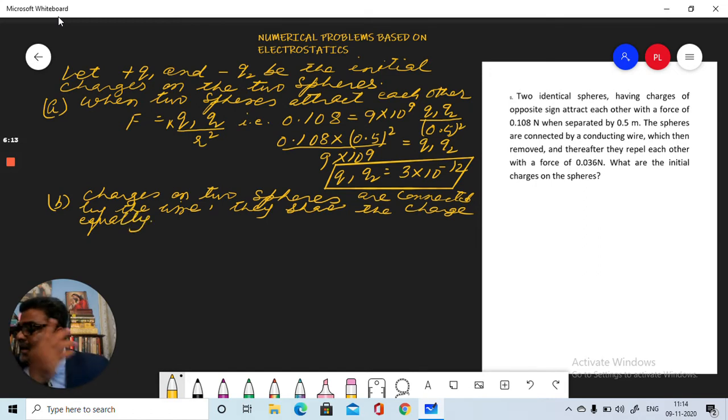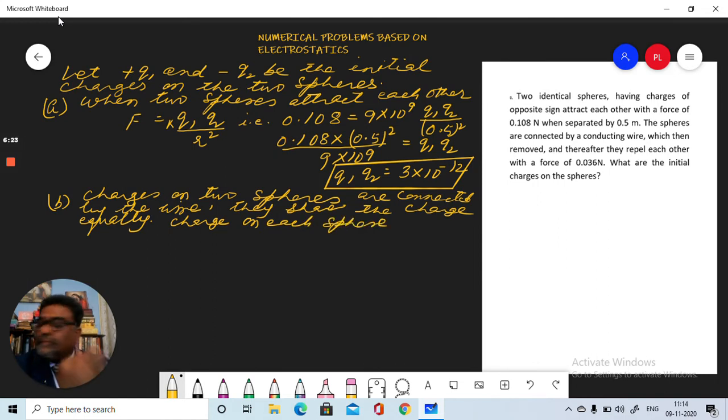Hence charge on each sphere will be given as Q1 minus Q2 upon 2, because they share the charges.